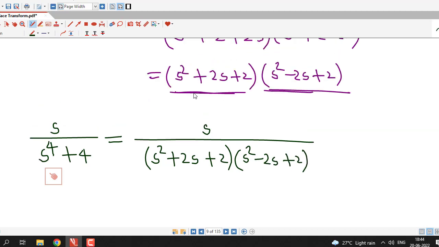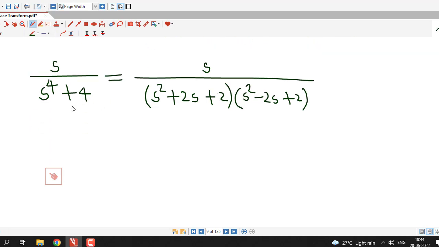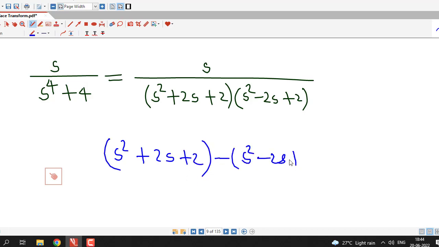So I have replaced s raised to 4 plus 4 by this product. Now to find the inverse Laplace transform of this function, either we can use the method of partial fractions, or we can find the difference of these two, s square plus 2s plus 2 minus s square minus 2s plus 2.